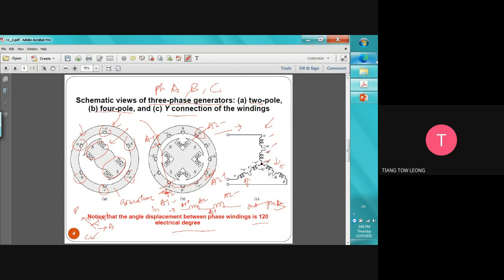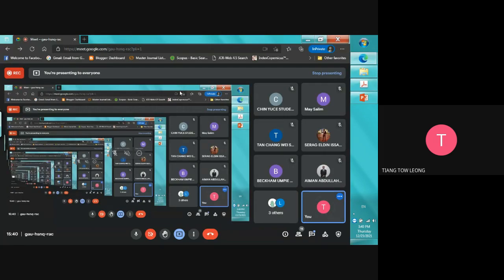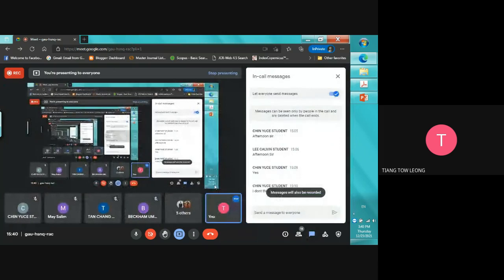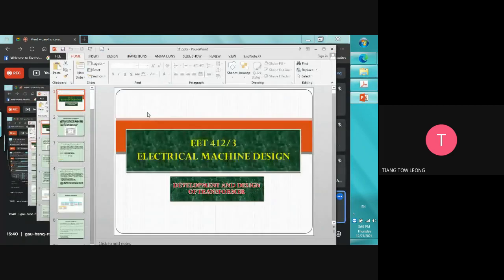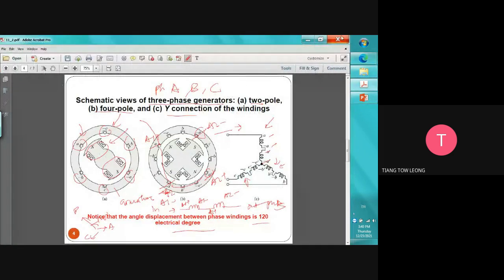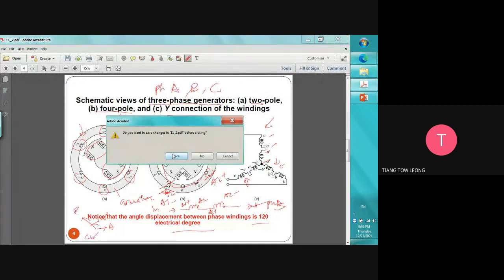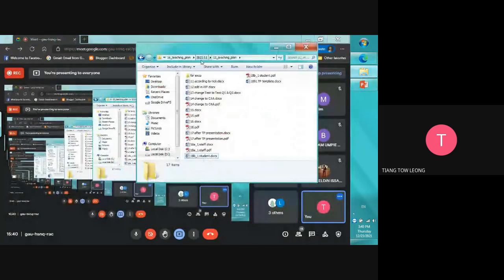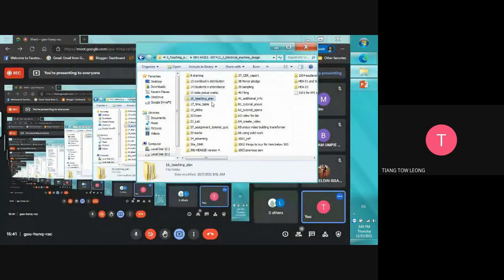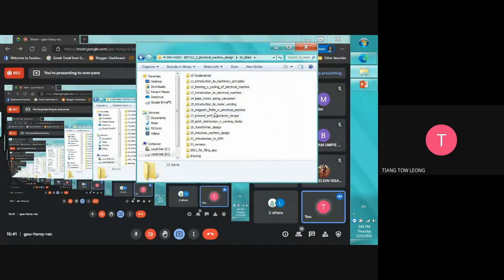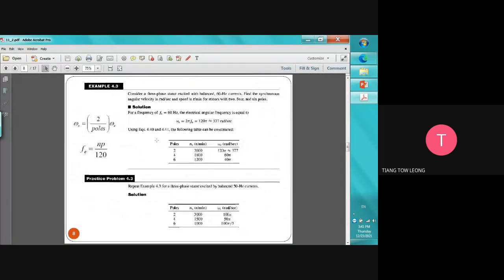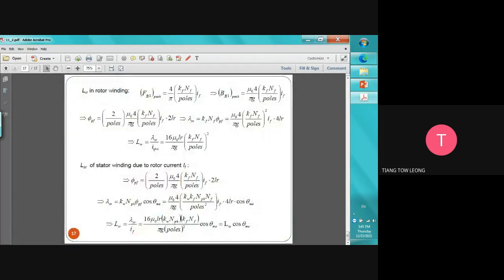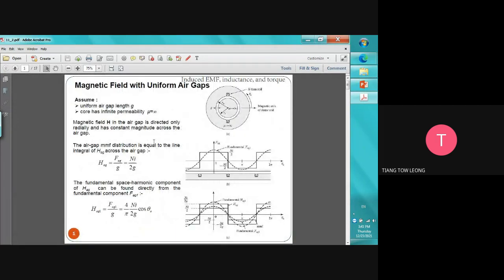So any question from the floor? Any question? So okay, I think I will go to the induced EMF. This one has a lot of equations, which are not very important.